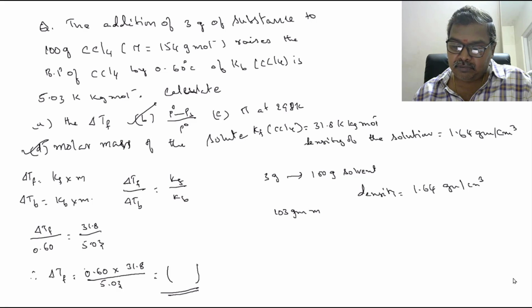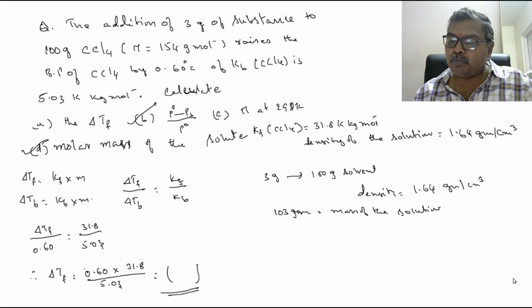Now calculate the volume of the solution. D equal to M by V, so V equal to M by D. So 103 by 1.64 ml. This is the volume of the solution.